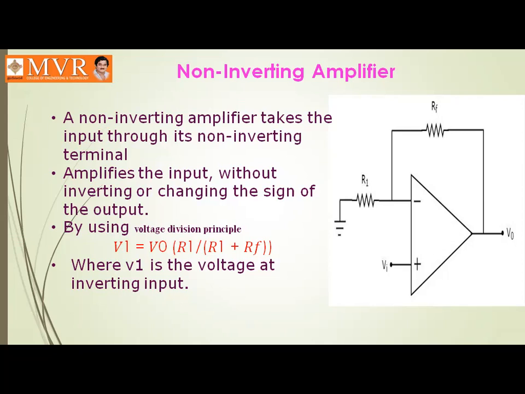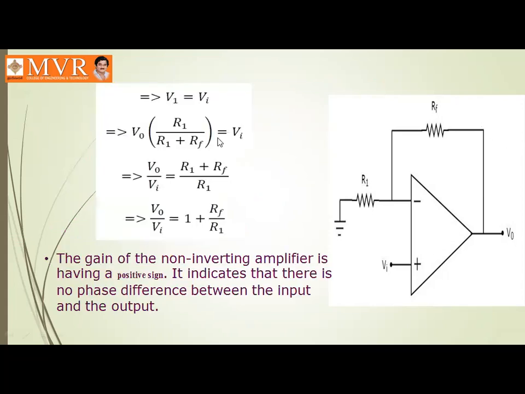And by solving that equation, you are going to get V naught into R1 divided by R1 plus Rf is equal to Vi.